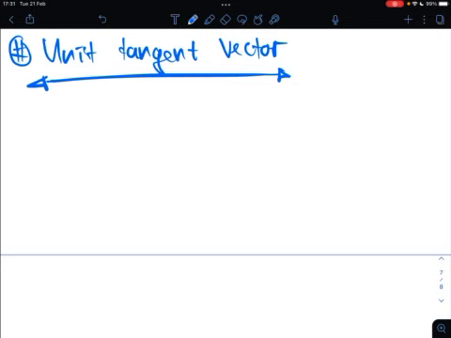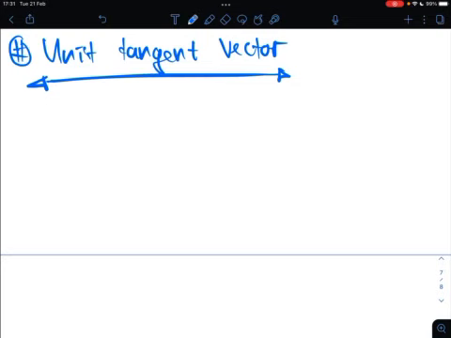You just have to be aware of simple terms like velocity, which we define in high school as the rate of change of distance, acceleration as the rate of change of velocity, and all those things. So now what we want is to introduce this object that is called the unit tangent vector.